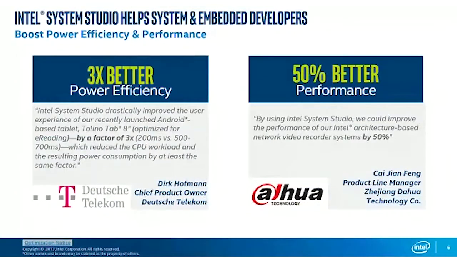Here are 2 more use cases. One is from German telecom. As a result, they achieved 3x better performance and power efficiency. And one more is also from a network video recorder vendor, Dahua, who achieved 50% performance improvement.